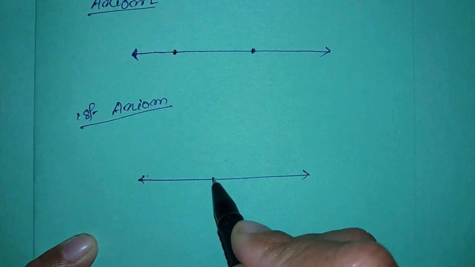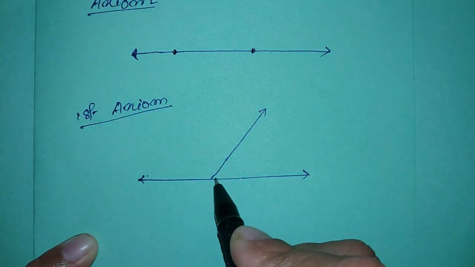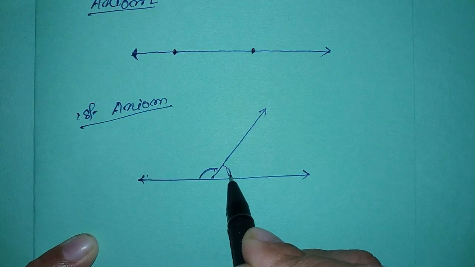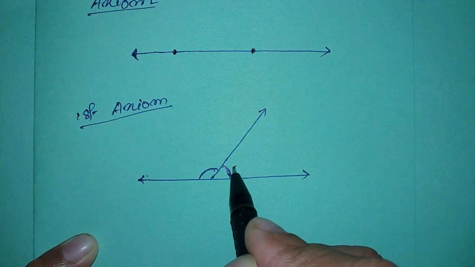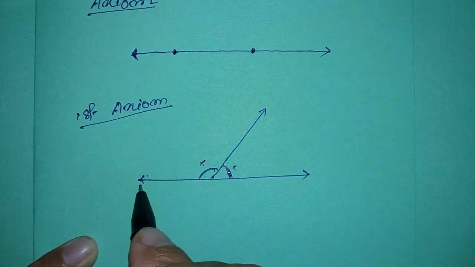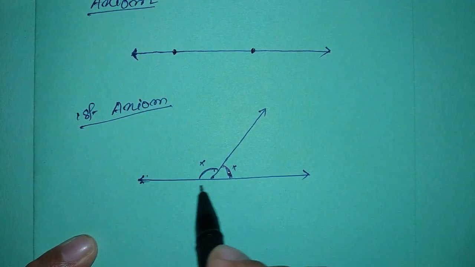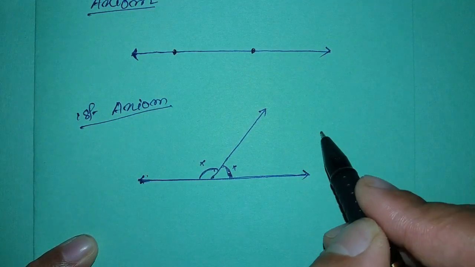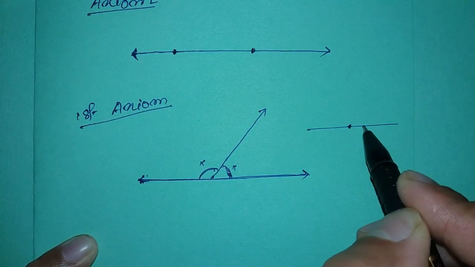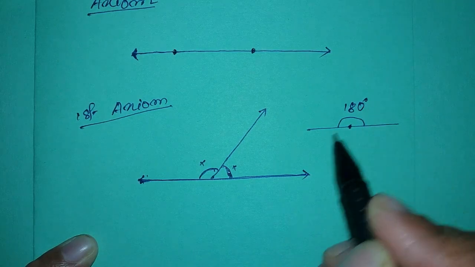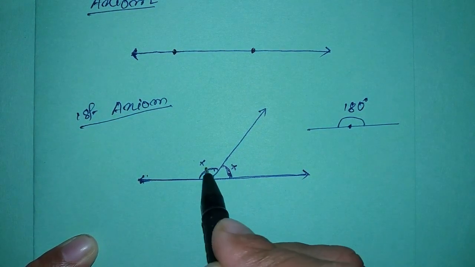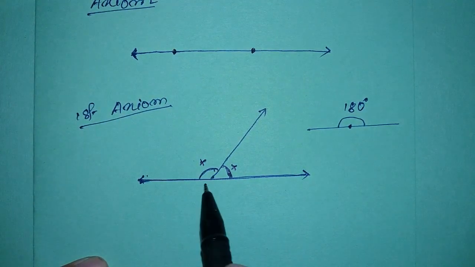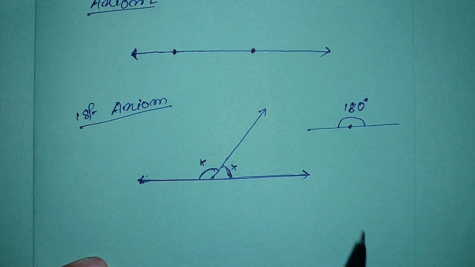Now this is a line and let's draw a ray here, which means this angle plus this angle is 180 degrees. This is obviously true because this is a straight line, and we know that the straight angle is 180 degrees. So if you add these two angles, you will get 180 degrees. So this is the first axiom given in the chapter.